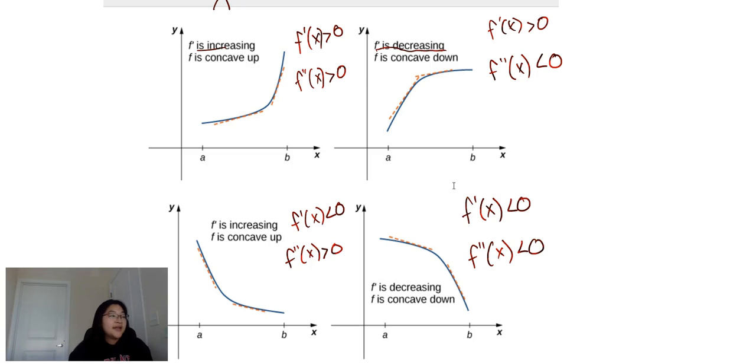Concave up and increasing is both first and second derivatives are positive. Concave down and decreasing, both first and second derivatives are negative. Concave down and increasing, first derivative is positive, second derivative is negative. And concave up but decreasing, first derivative is negative, second derivative is positive.